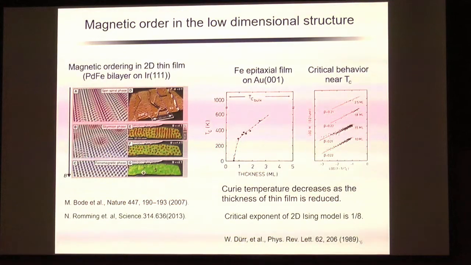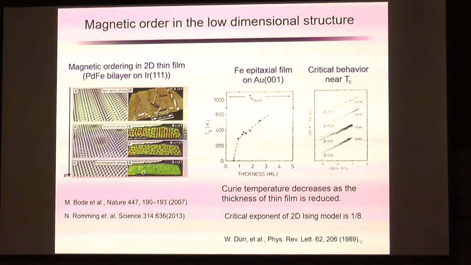I think ordered states are also very interesting for people, such as magnetic order systems. You can epitaxially grow some palladium iron bilayers on the iridium (111) surface, and you can see a lot of very interesting phases in this system. As you reduce the thickness, you always find that the transition temperature of the magnetic order is reduced.